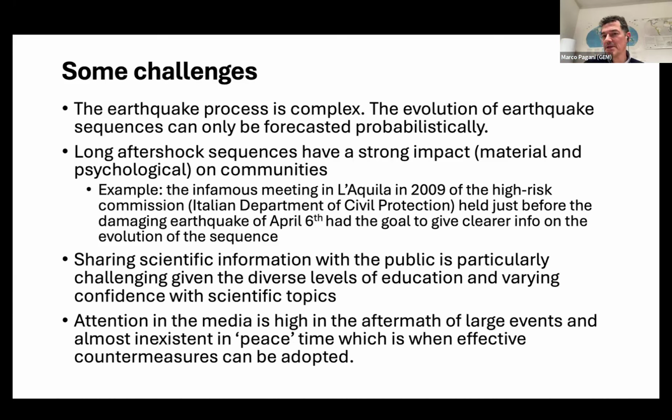So when you are in the middle of a sequence, there's very little that you can do to reduce the risk, apart from telling people to abandon their buildings if you are 100% or 90% sure that there will be a large event. Otherwise, the only effective way to reduce the risk is to strengthen buildings and make sure you are designing new buildings according to the building regulations. And this is something that you can clearly do only during peacetime.